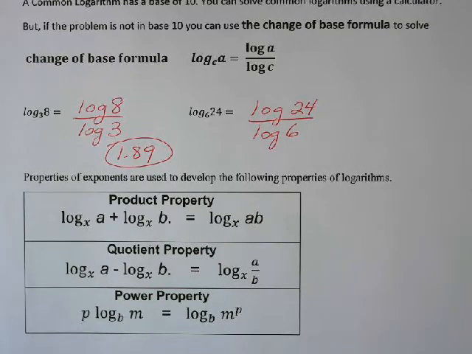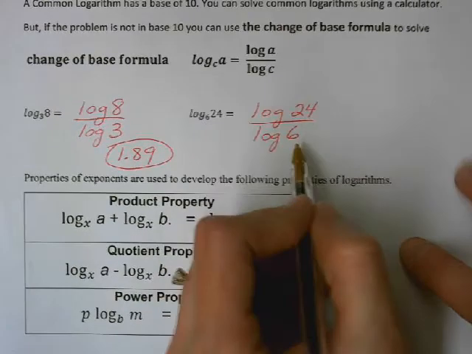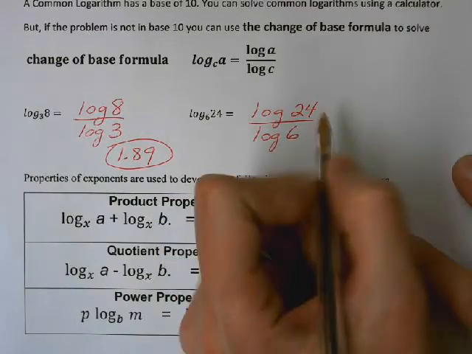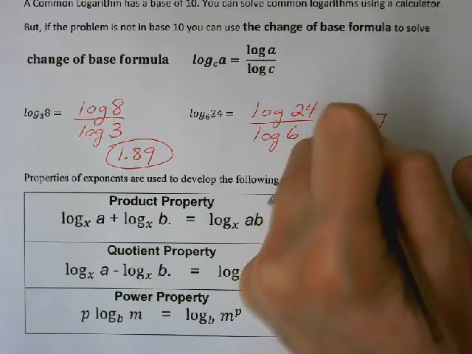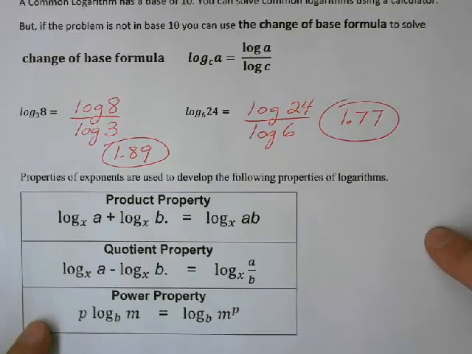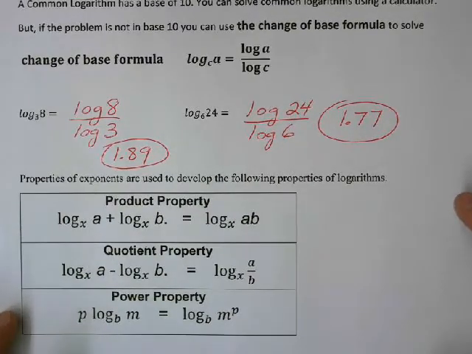What do you think the answer is this time? 1.77. Okay, that's good. So it's like 1.7737.